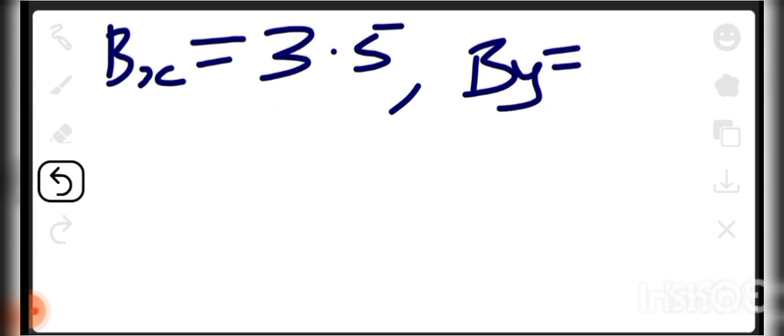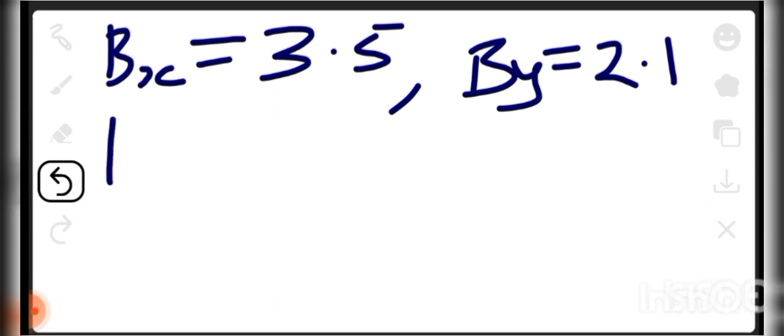By is equal to 2.1. Find the magnitude of B and the angle between B and the positive x-axis.